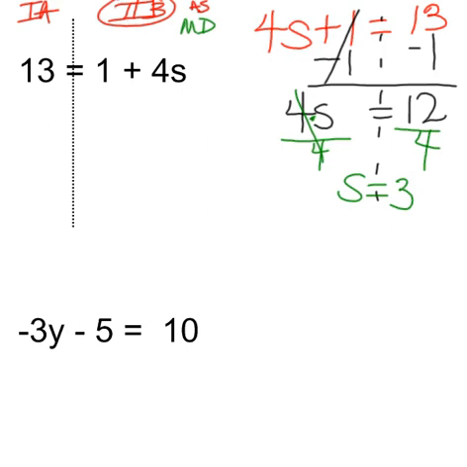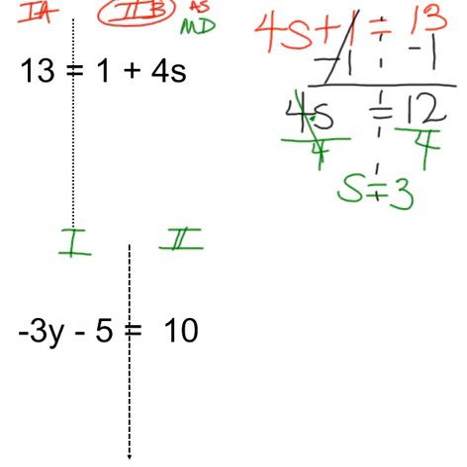All right, I have another here: negative 3y minus 5 equals 10. I'm going to do my little dotted line to separate my equation. This is side 1, this is side 2. I'm going to work on side 1 because it has the variable.